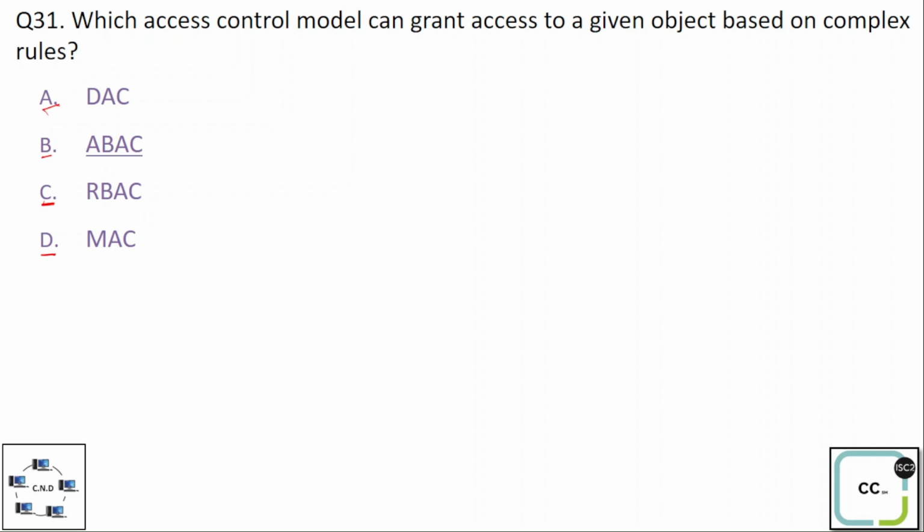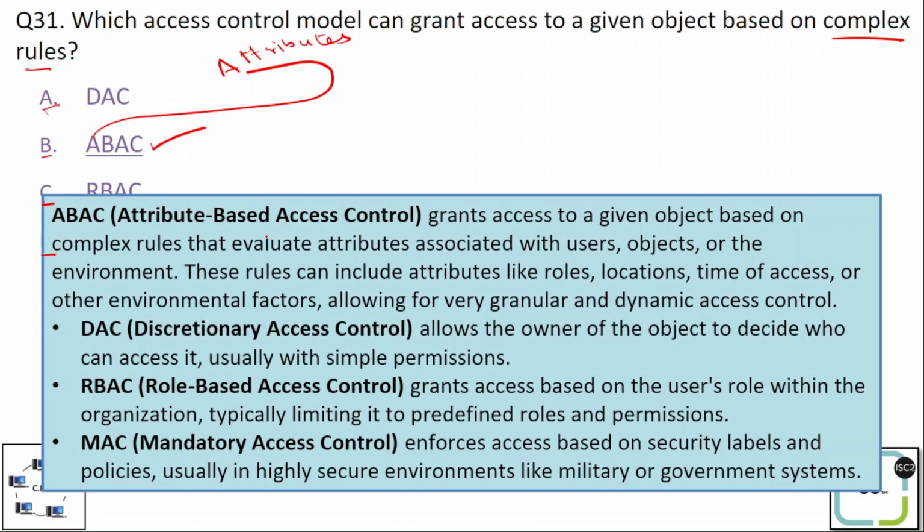And the correct option is option B, attribute-based access control. So the complex rules here refer to the attributes, where you can use different attributes and rules to give access.